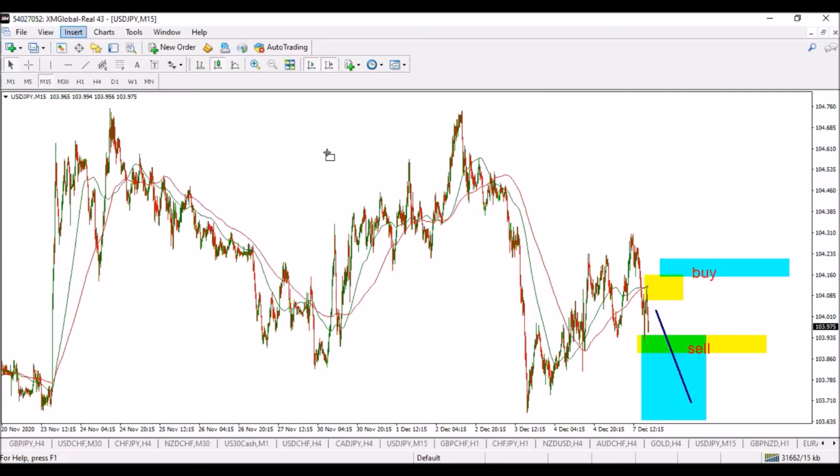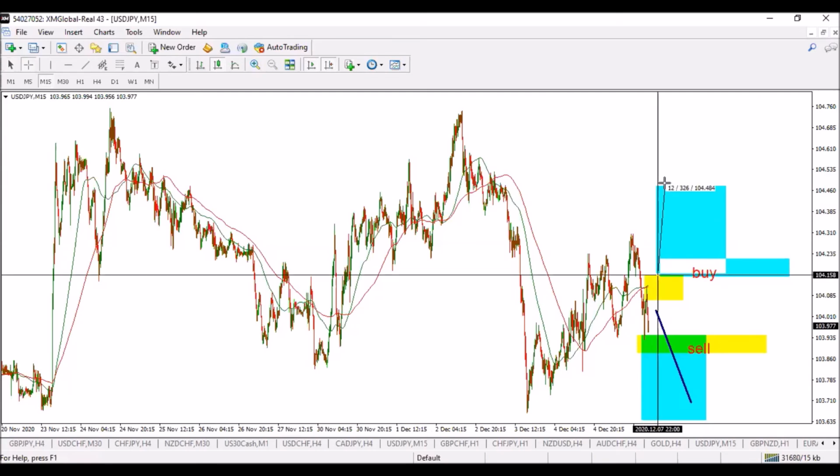So if you buy, as long as it hasn't crossed here, you can do a 1 is to 2 to here, and your stop loss can be somewhere here. Remember, your risk is 1 is to 2 or 1 is to 1. So this will be 32. You can put 15 here, up to you.